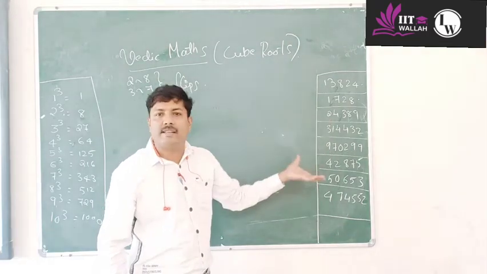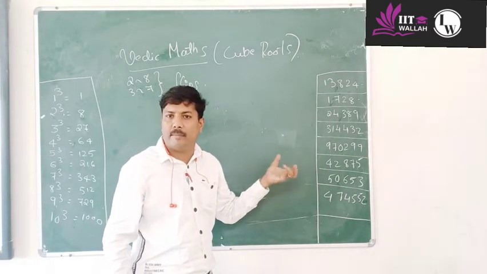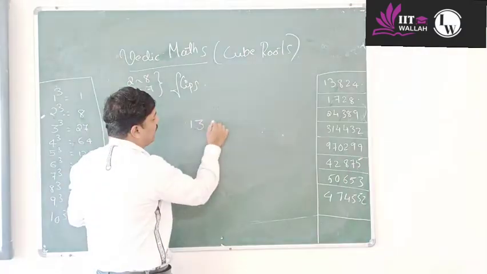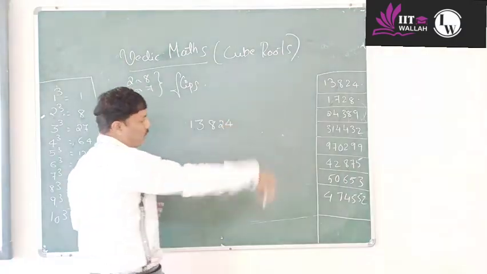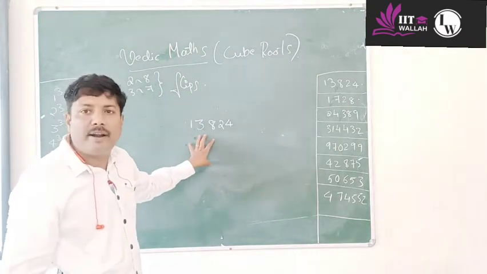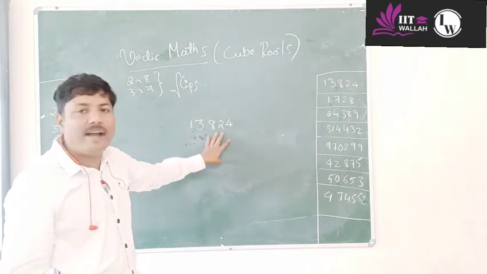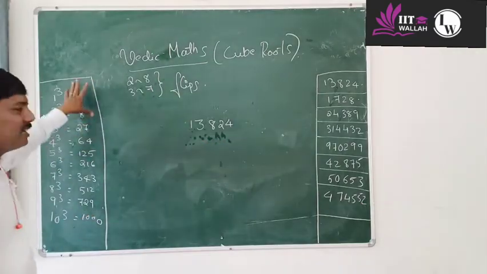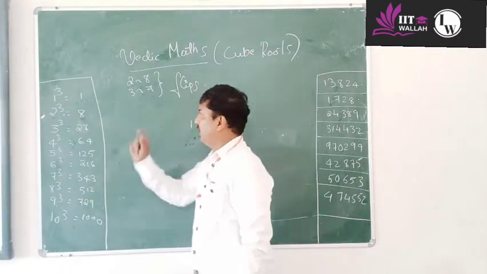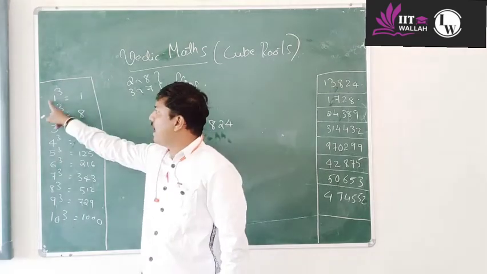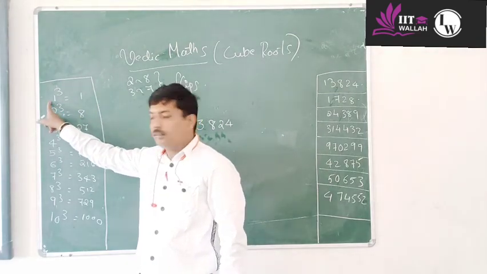We will check how to find the cube root by using Vedic mathematics. So the first number is 1, 3, 8, 2, 4. This is a perfect cube having 5 digits. By observing this table, you can understand one thing. If any number ends with 1, its cube root also ends with 1.